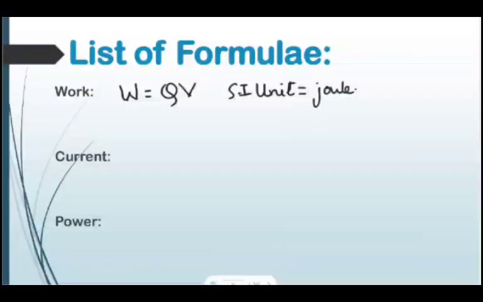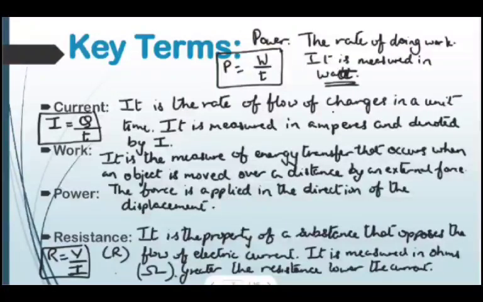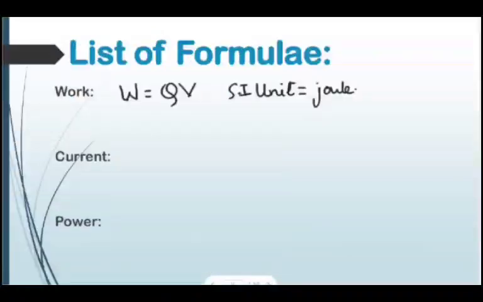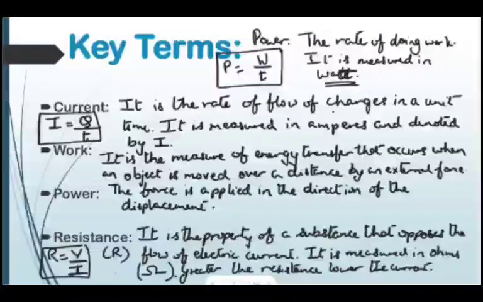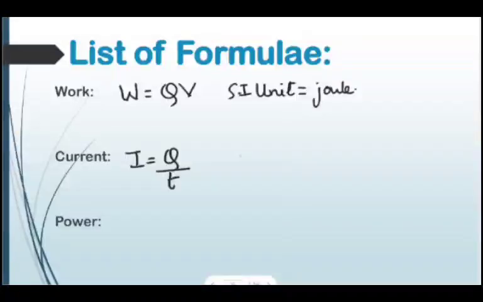Then comes current. I had made a note over here. Current is equal to charge Q upon the time. So rate of the charge, the flow of electric charge across the circuit. That's the current. And current is measured in amperes.